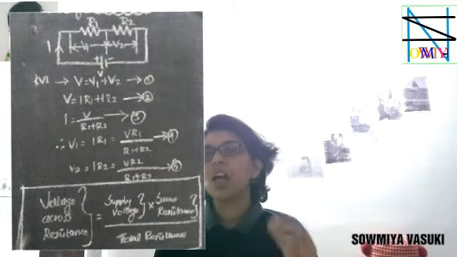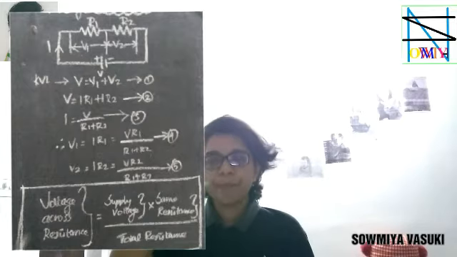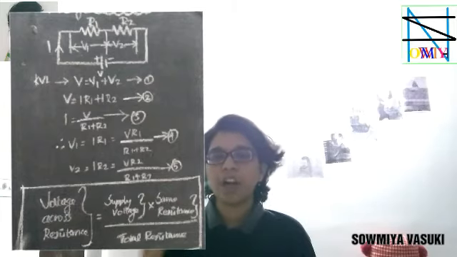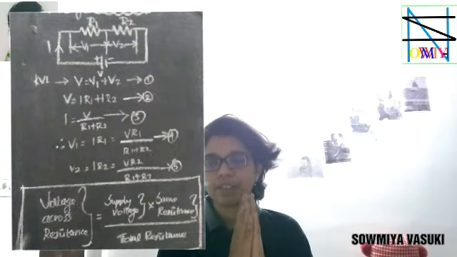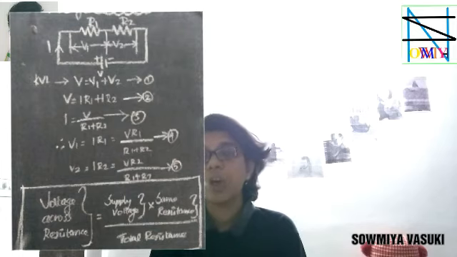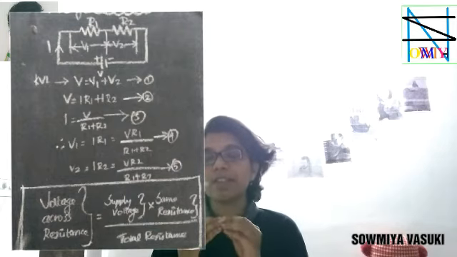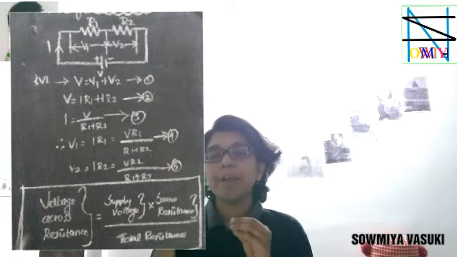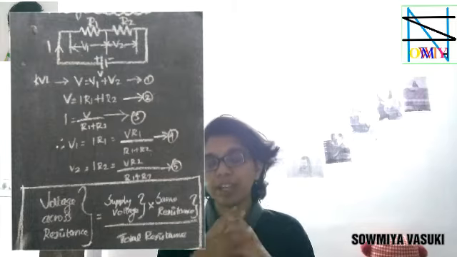V2 is equal to V into R2 divided by R1 plus R2. So the voltage across a resistance is equal to the product of the same resistance and the supply voltage, divided by the total resistance.